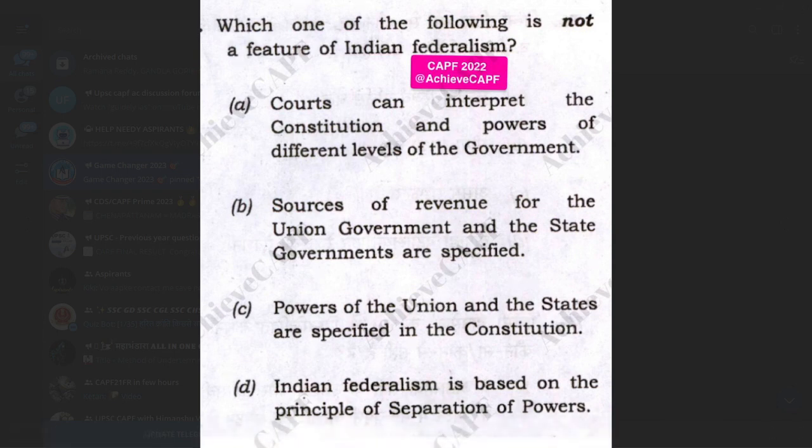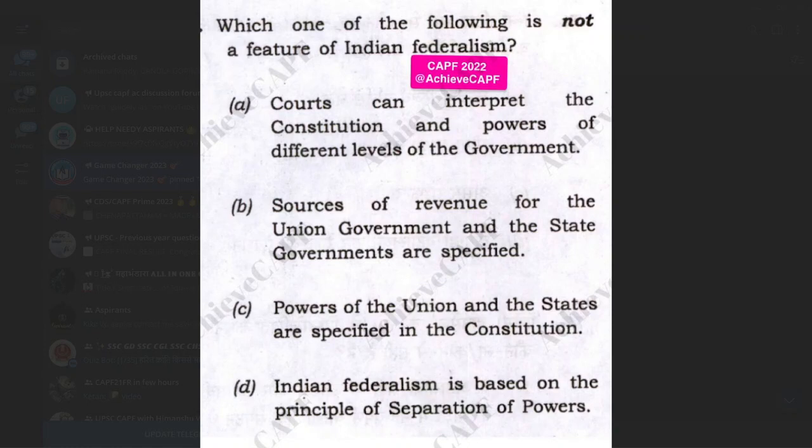Not a feature of federalism: courts can interpret the constitution and powers of different levels of government. Indian federalism is based on the principle of separation of power. Powers of union and states are specified. Sources of revenue for the union and state governments are specified.